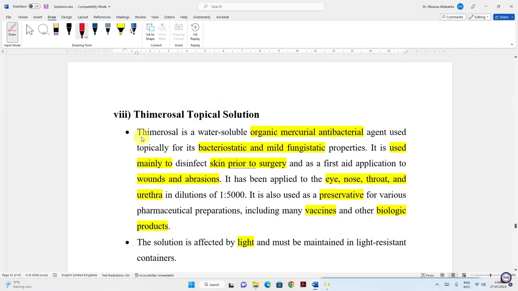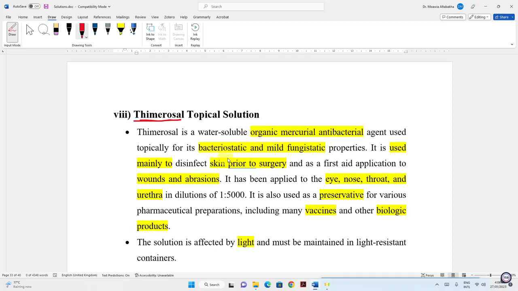Okay. We have also thimerosal topical solution. Thimerosal, I want you to remember this name well. It's an organic mercurial antibacterial agent. So it's an organic mercurial compound.